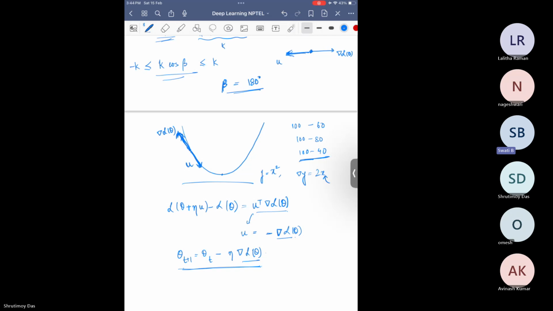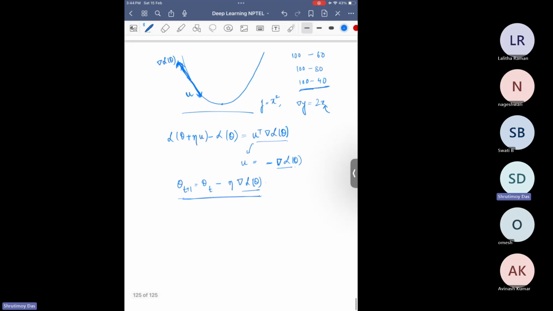But for the first iteration, that delta value will not be there, right? Because there won't be any gradient. No. For the first iteration, you will say that theta 0, which is the initial value, is some random number. Let us say it is 1.5. Once you have theta naught equal to 1.5, you calculate your loss. And now you calculate the gradient of the loss at theta naught.